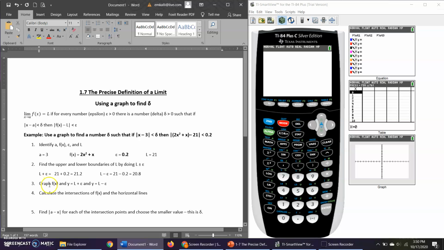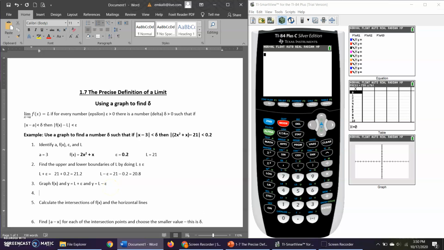Okay, so those are my two values. Now I need to graph all of this. So in my graph, I'm going to do y1 equals my function 2x squared plus x. I have y2 equal to 21.2. And I have y3 equal to 20.8.